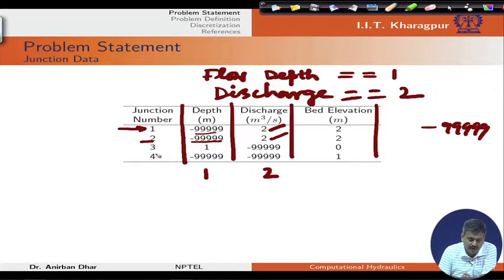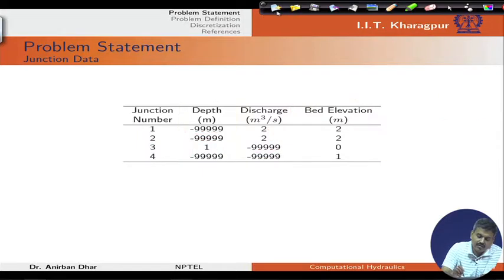Now, junction number 3, again we have a specified depth value, that is why here we will write 1, and we do not have a specified discharge condition for our problem. That is why we have minus 5 nines in case of discharge, and for the internal junction node number 4, we have 5 nines because we do not have flow depth or discharge specified for this junction.